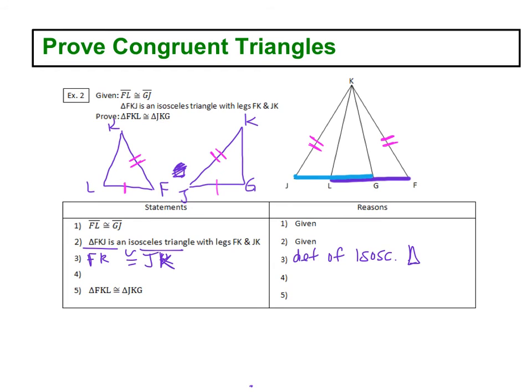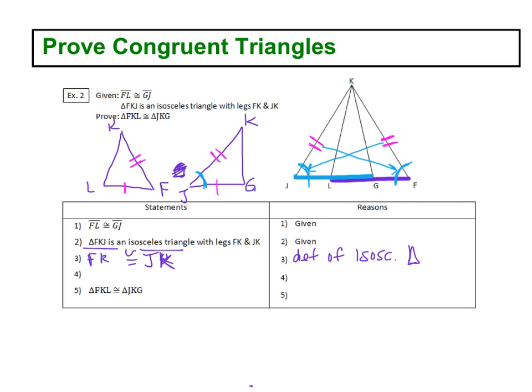Okay. Now, we just learned a theorem that tells us if you have 2 legs that are congruent, that means that their opposite base angles will be congruent. So we can say that this angle is congruent to this angle. So that's the angle at J. Here's that one.